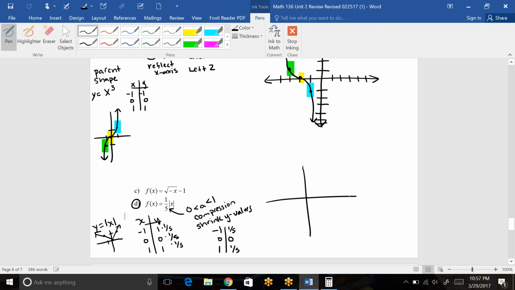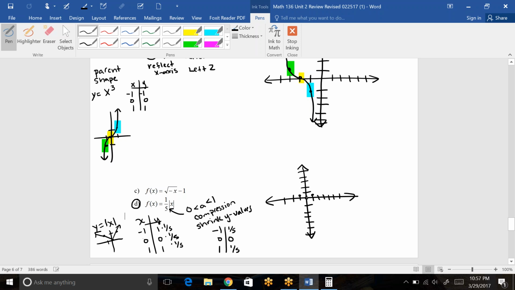So when you graph that, you'll notice that stretches or compressions just make things look wider or narrower. So if I wanted to plot this absolute value, here is 0, 0 would still be 0, 0, so that's still there. 1 and -1, though, both only go up to 1/5.